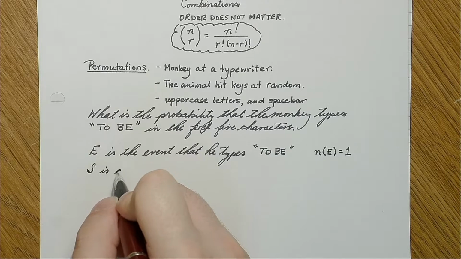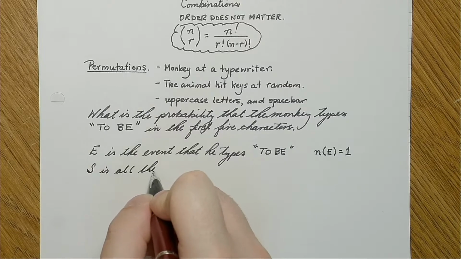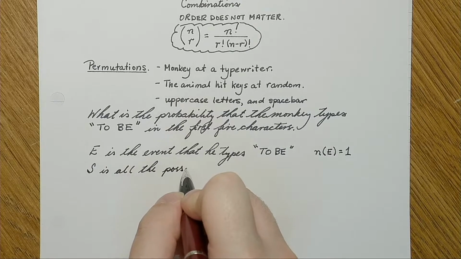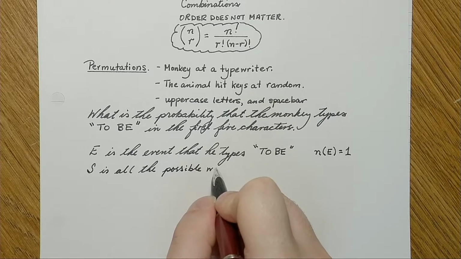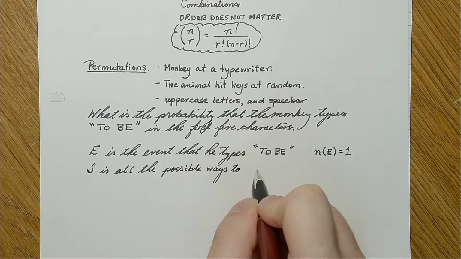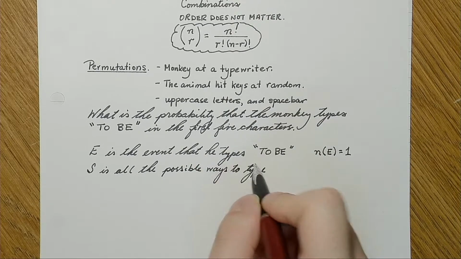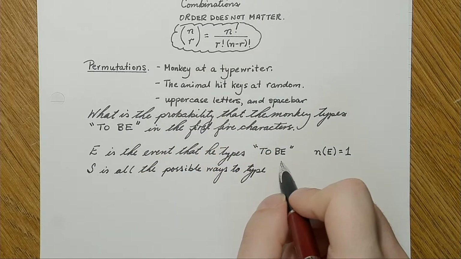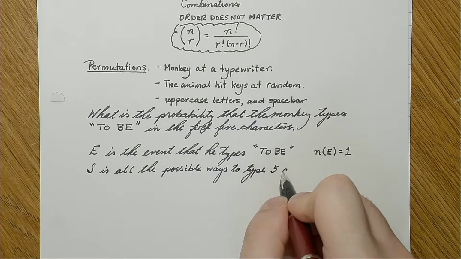S is all the possible ways to type five characters.